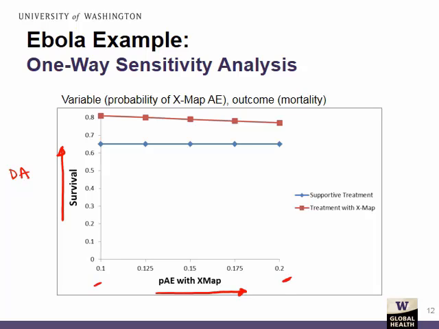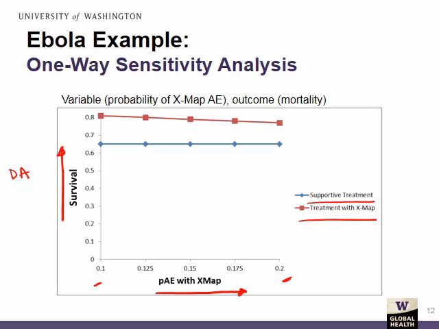If you remember, the baseline probability was 0.5. As we can see, treatment with XMAP and supportive treatment across the entire plausible range from 0.1 to 0.2 still maximizes survival at the entire range of possible probabilities for adverse events of XMAP.